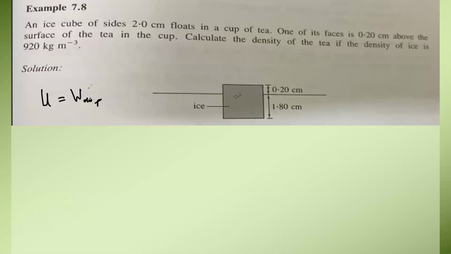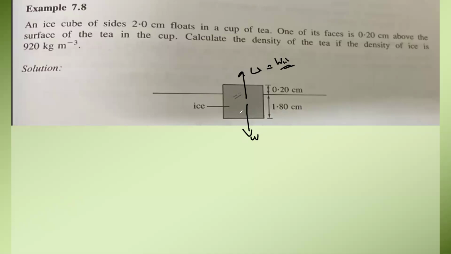Or we can also say, because it is floating, the weight which is acting downward will be equal to the upthrust when the object is floating. And upthrust is equal to the weight of the liquid displaced.